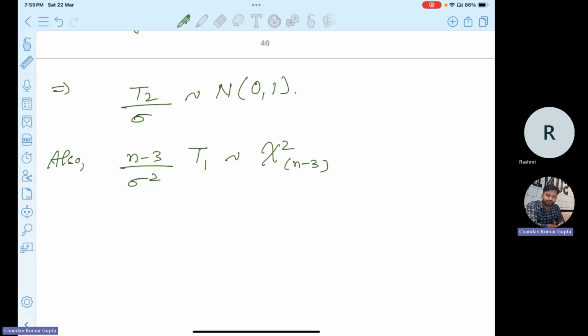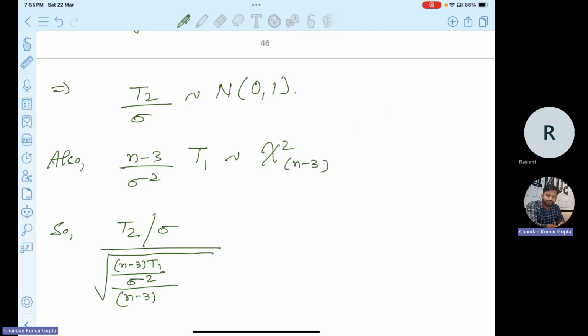So T2 divided by sigma, and the whole divided by the square root of (n minus 3) T1 divided by sigma square, and this particular quantity is divided by its degree of freedom, that is also n minus 3.